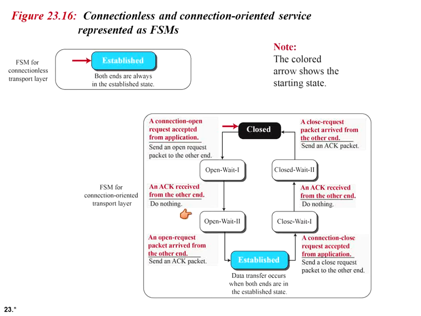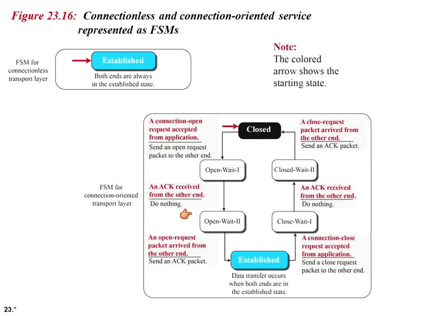When the machine is in this state, a unidirectional connection has been established. But if a bidirectional connection is needed, the machine needs to wait in this state until the other end also requests a connection. So when the request is received, the machine sends an acknowledgement and moves to the established state.